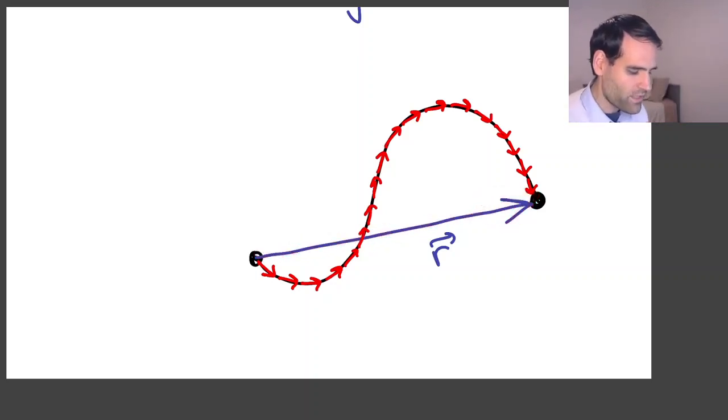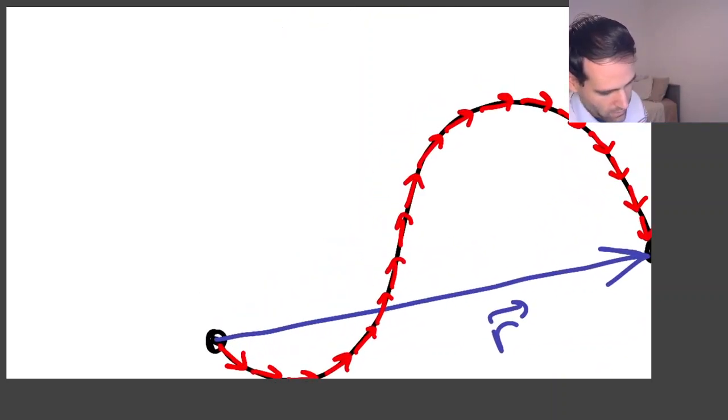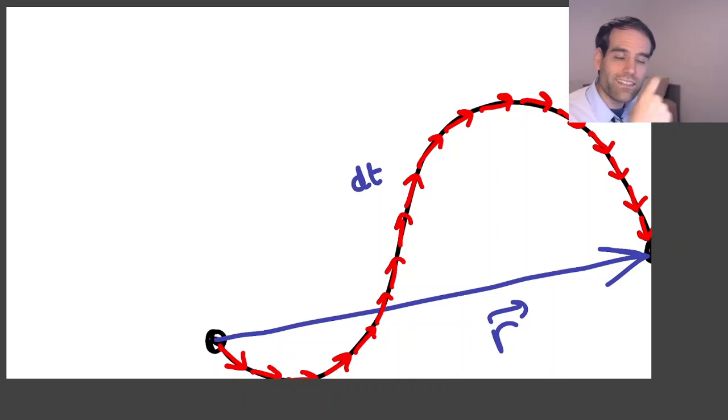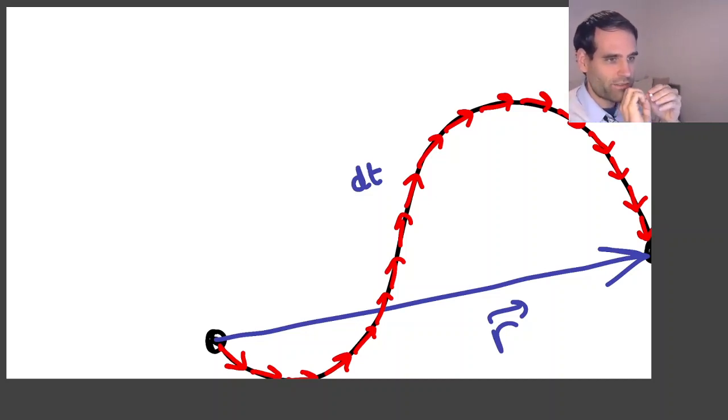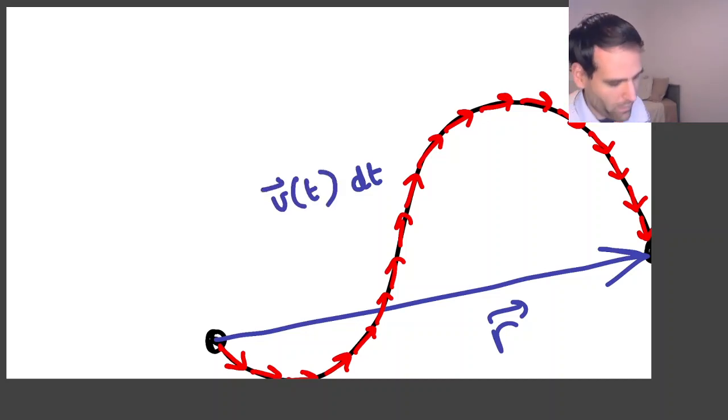But what is each of these arrows? Each of these arrows is how the object has moved in a very small time. So let's call that small time dt. So when time changes by an amount dt, the distance traveled by the object is equal to the velocity at that time t multiplied by dt, right? And that is this small arrow here.